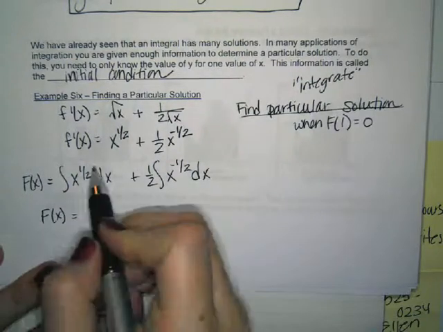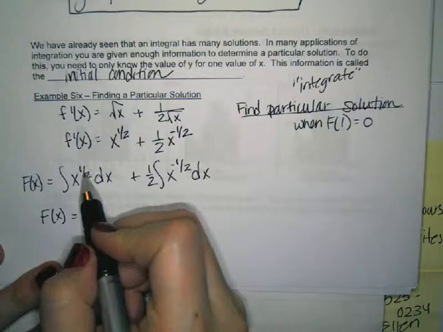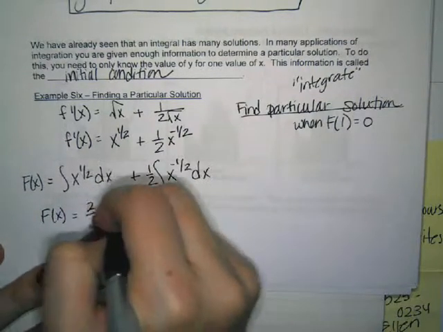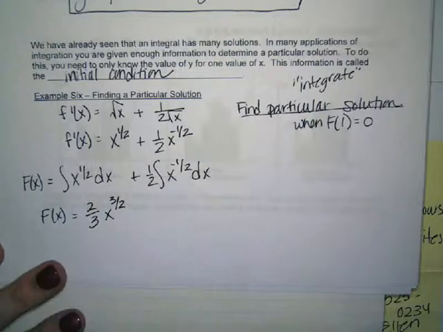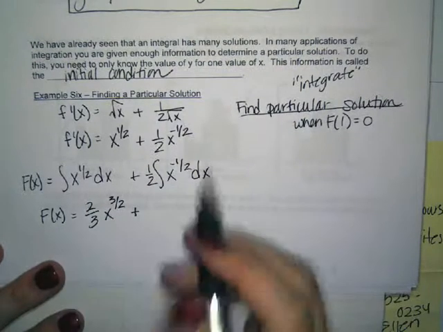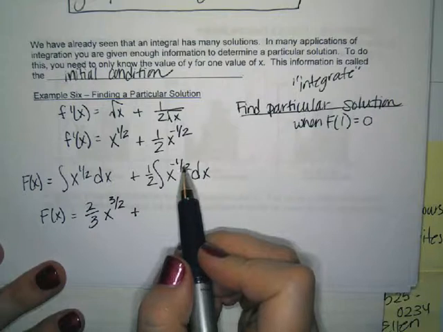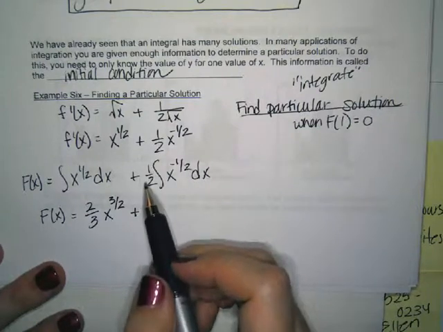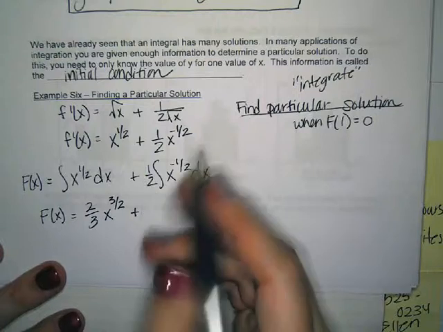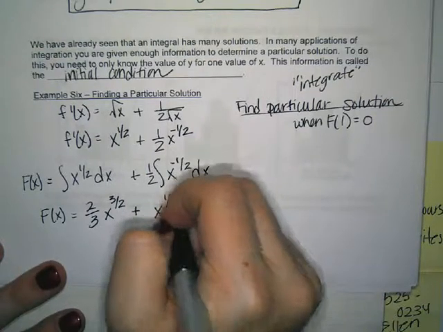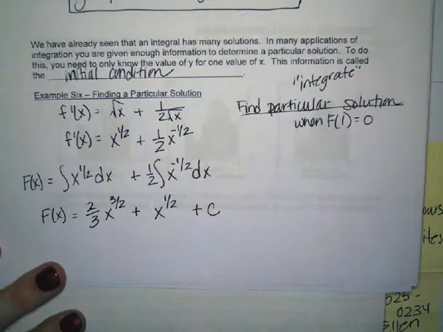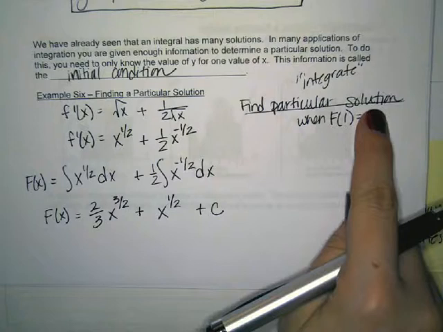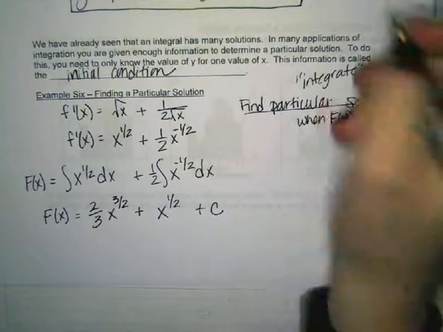Now I need to find my particular solution. This is basically integrate to find c. Okay, so this is saying when x is 1, my y is 0. So I'm going to plug in 0 for y, 1 for x to find c. Alright, so this gets me 2/3. This gets me 1 when I calculate it out. So this is 1 2/3, or 5/3 if you get a fraction like that.